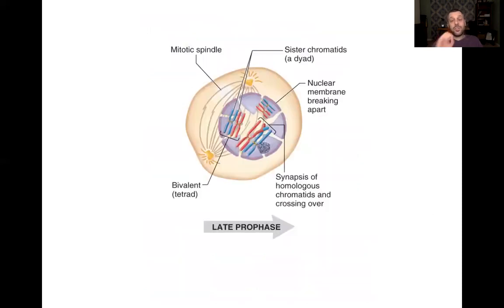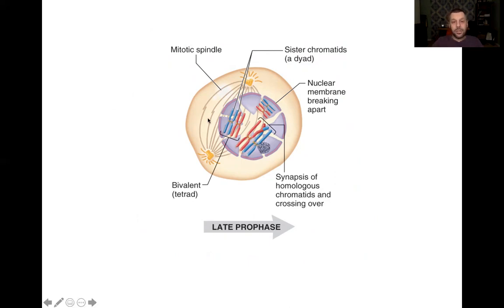So what you see is this. If we zoom in on late prophase, we see that the two homologous chromosomes, one that you got from your mom and one that you got from your dad, are pairing up together because they have virtually the same sequence, and that causes them to pair together.